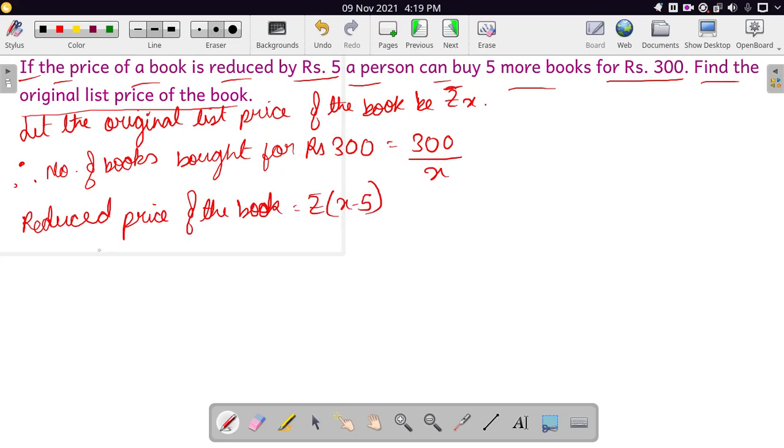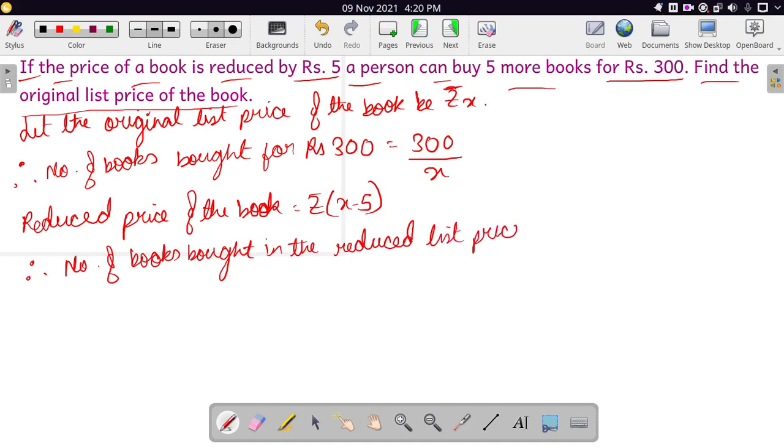Now the number of books bought in the reduced list price is equal to the same thing, 300 by x minus 5 this time.